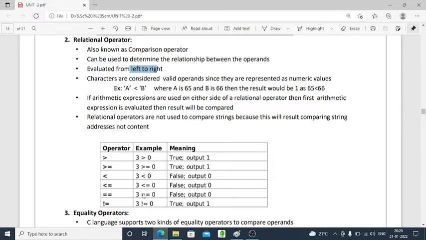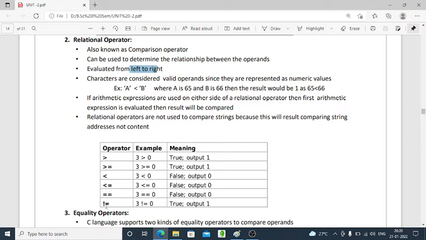If these two values are equal, then the result is true. Here, 3 is not equal to 0, so the result is false and the output is 0.